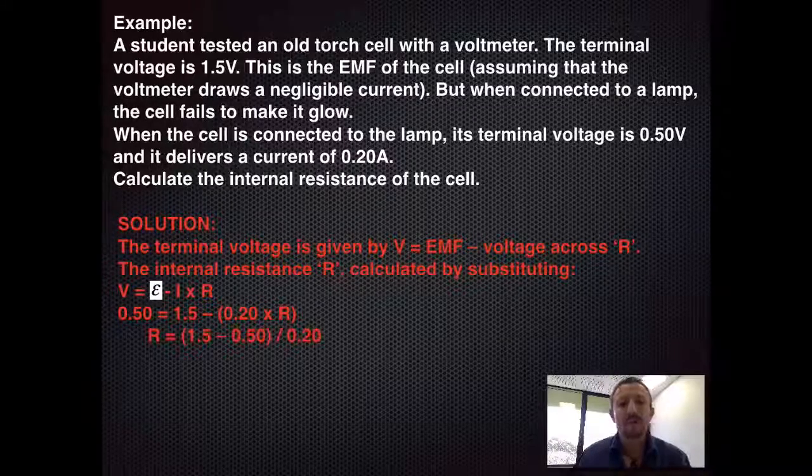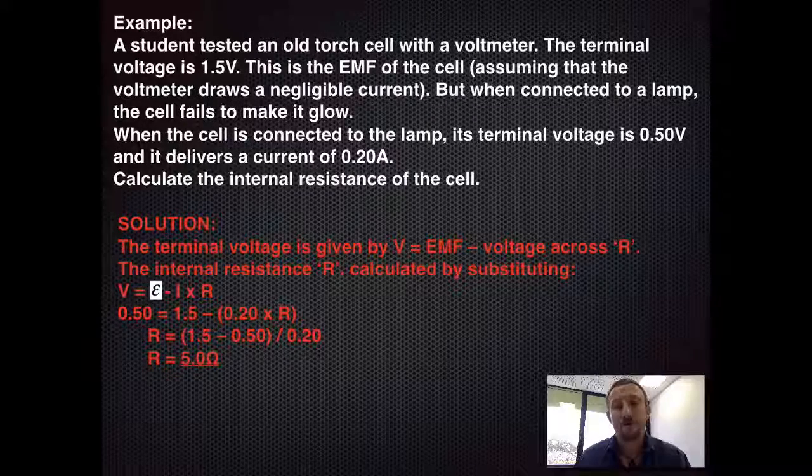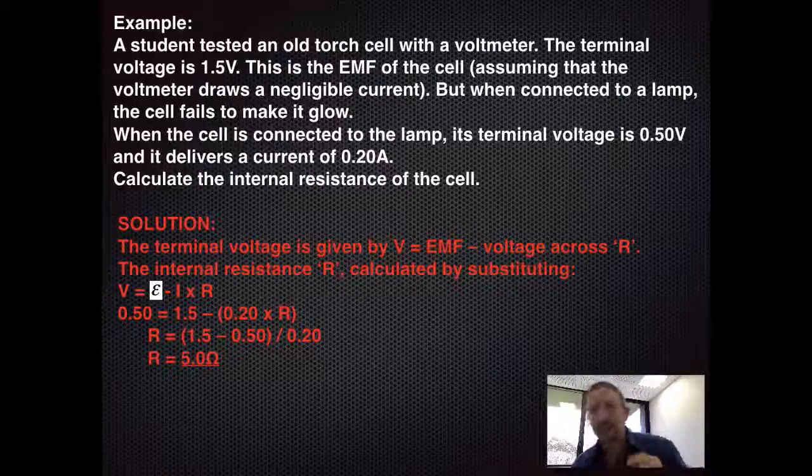So by rearranging the formula, we get 1.5 minus 0.5 volts divided by 0.2 amps, which gives us a resistance of 5 ohms. So basically what we're saying is, although we're trying to get it through a circuit of 0.2 amps, there is a backflow going back.